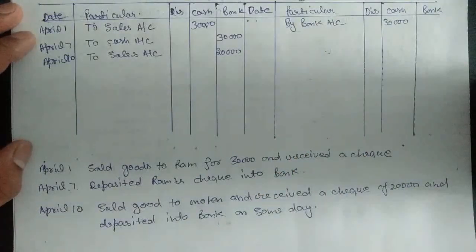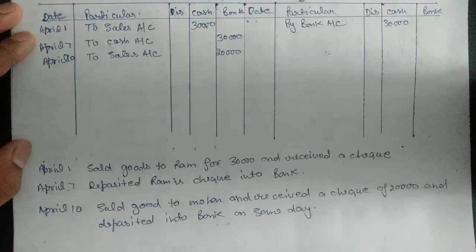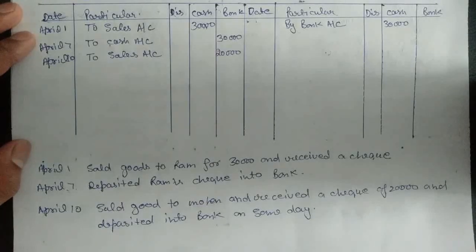Also, if we are receiving a check from Mohan and nothing else is mentioned in the question about depositing that check, we will take it on a same-day basis and directly increase the bank account balance.